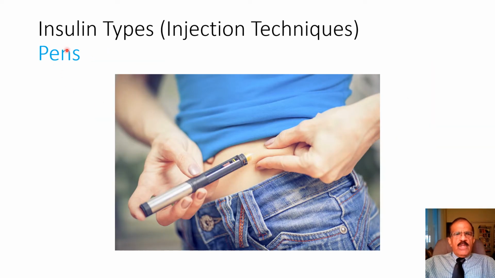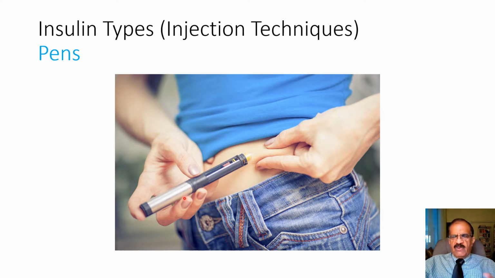Now, insulin types based on injection techniques. Instead of a syringe, we could use pens. Patients always perceive a pen as more friendly and easy, and we should take advantage of that situation. And if a patient is reluctant to accept syringes, I think we should offer them a pen. This pen has insulin filled in it.